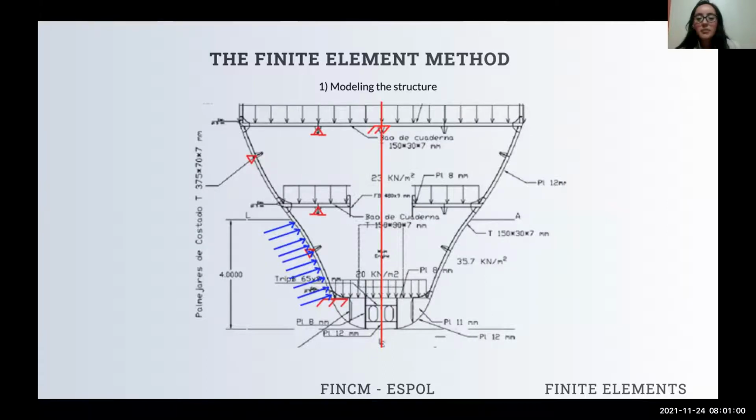The steps of the FEM. Number one is modeling the structure. We are not able to solve a complex structure because it's very difficult. For that, it's necessary to model the structure. In this case, we assume three things.